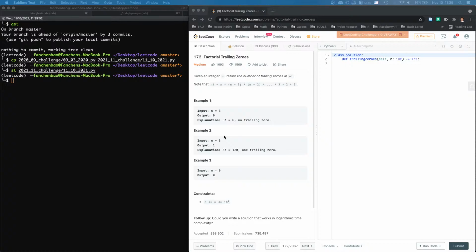So when they multiply, then we can just simply do mod 10, right? If mod 10 can be divided, that means we have one trailing zero. So yeah, that's the thing.